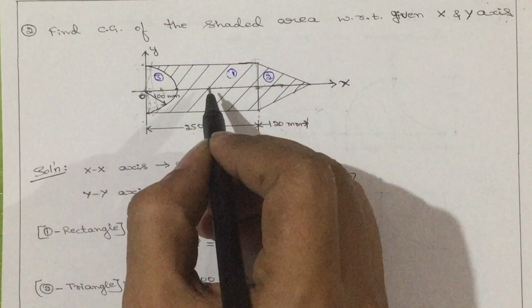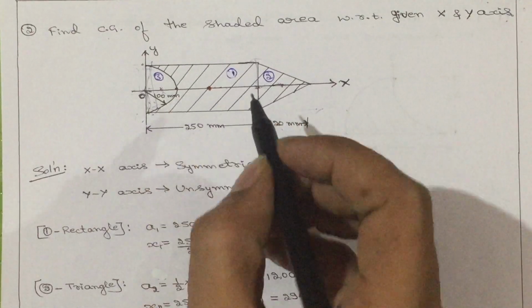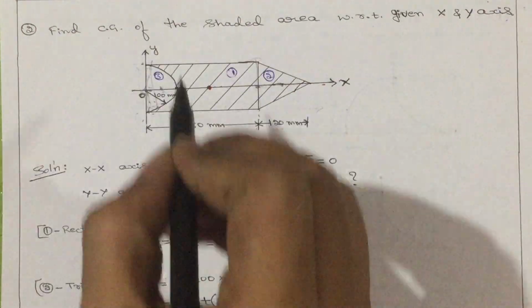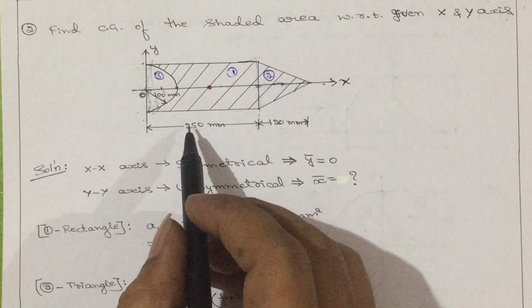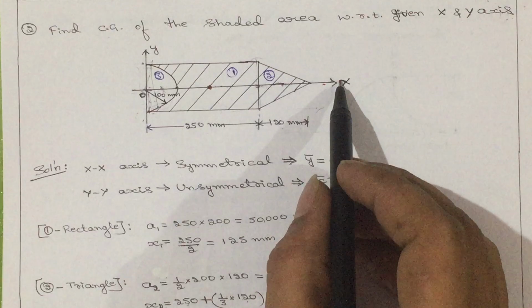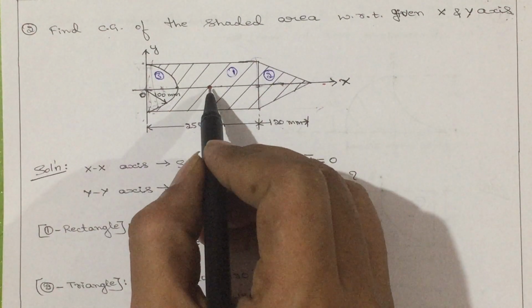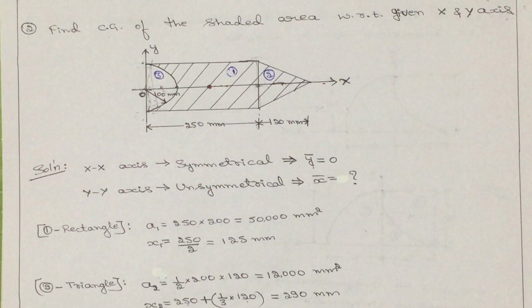Since it is symmetrical, the centroid lies at the center. We need the distance between the centroid and the x reference axis in the y direction. How much is the distance?